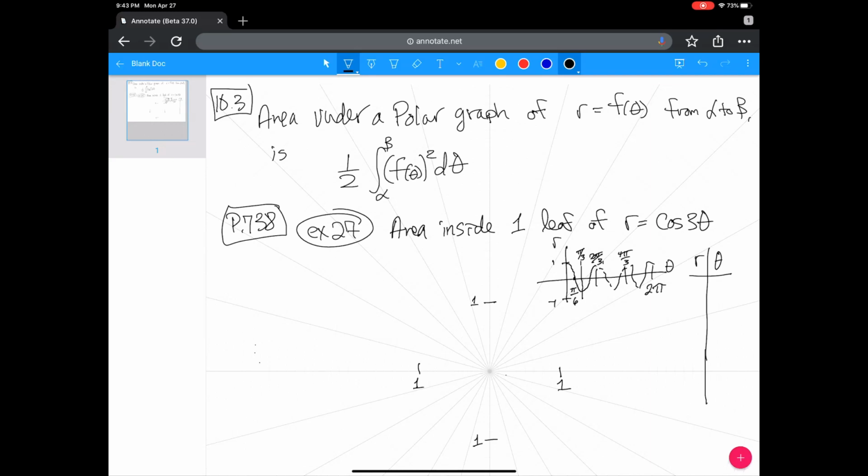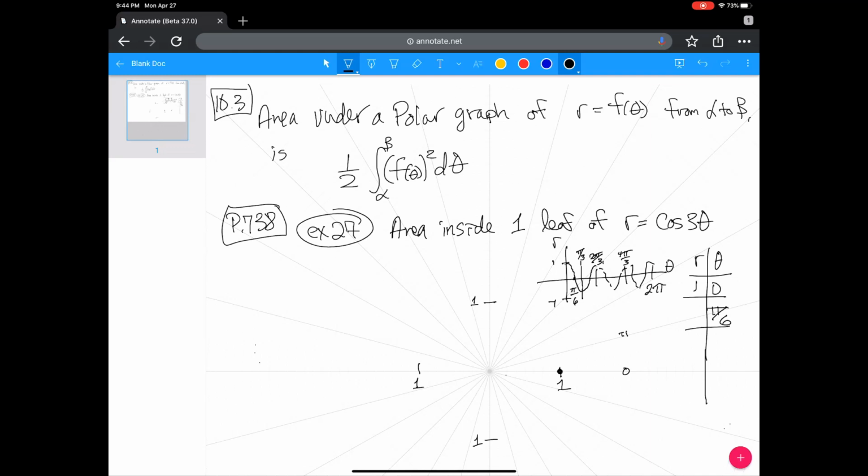When I plug in a 0 for theta, I get cosine of 3 times 0. Cosine of 0 is 1, so I start here. Then as theta goes from 0 to pi over 6, 3 times pi over 6 is pi over 2, and cosine of pi over 2 is 0. That's why when I get here, I'm at a 0.